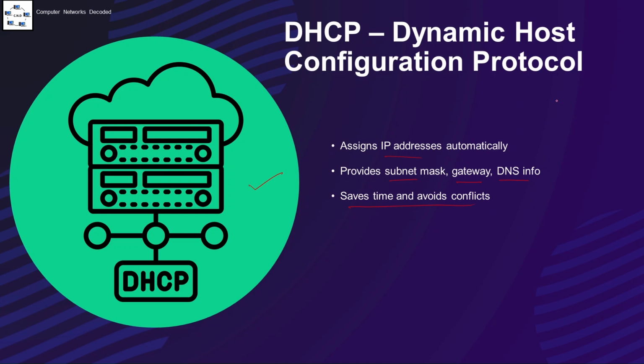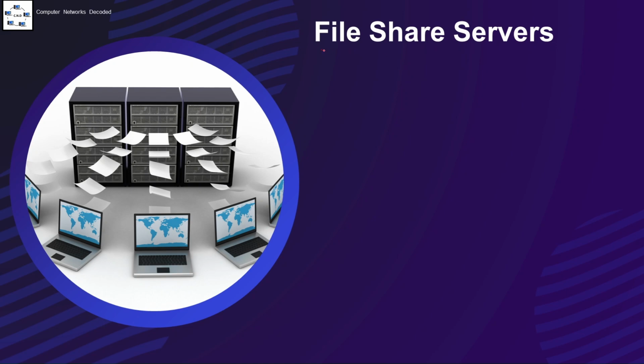If you have, let's suppose, 100 clients inside your network, and you want to manually assign static IP addresses, subnet mask, gateway, and DNS server to all these clients, it will take a lot of time. And you may also give two clients the same IP address and you have conflicts. While the DHCP server avoids conflicts. It does not assign the same IP address to multiple clients, and it assigns the IP addresses automatically without any manual configuration or intervention. Next is the file share server.